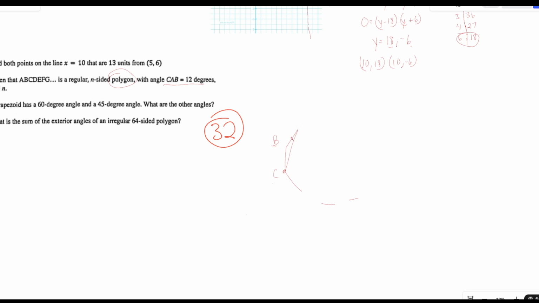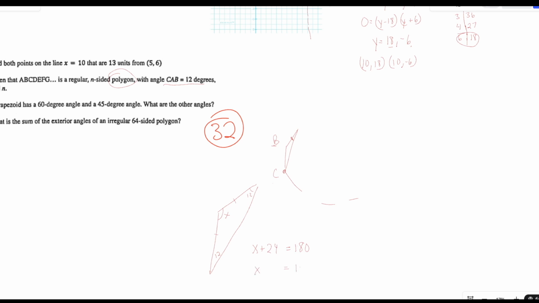So let me blow up that triangle here, make it bigger. So if that's 12, we definitely know this is isosceles. And we saw some of this in the geometry section. When it's isosceles, these two angles are equal, leaving only this third angle for these three to add up to 180. 24 plus the third angle equals 180.